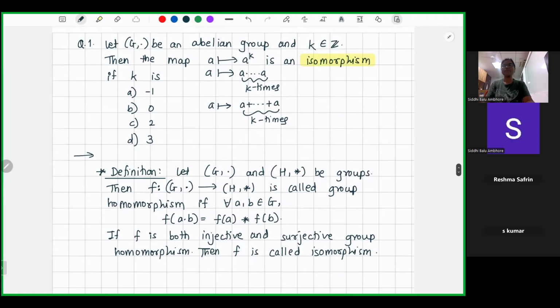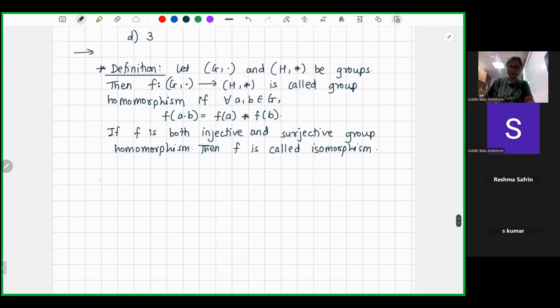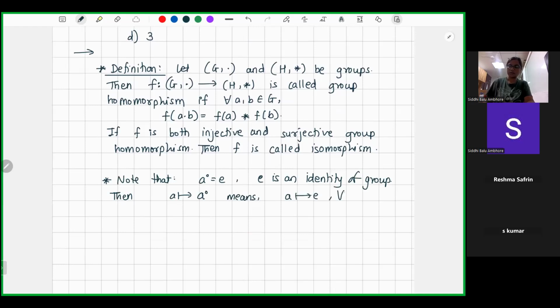So note that A power 0 is E, where E is the identity of the group. Then A going to A power 0 means A going to E for all A in G.